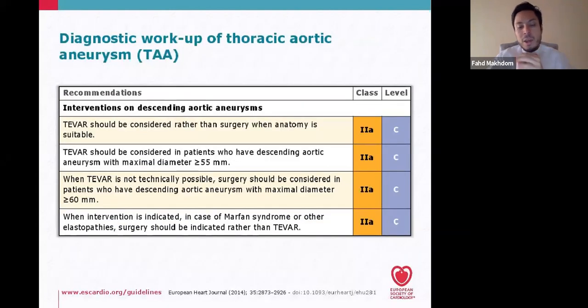Okay, so let's say you have a patient who has an ascending aortic aneurysm of around 5.2.